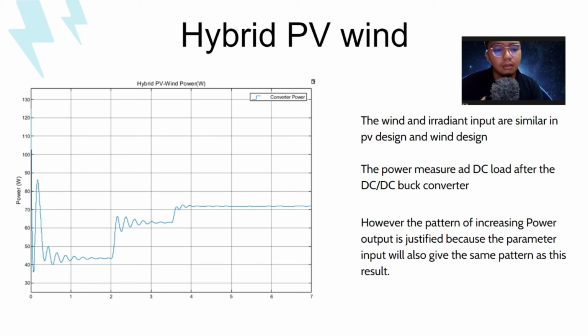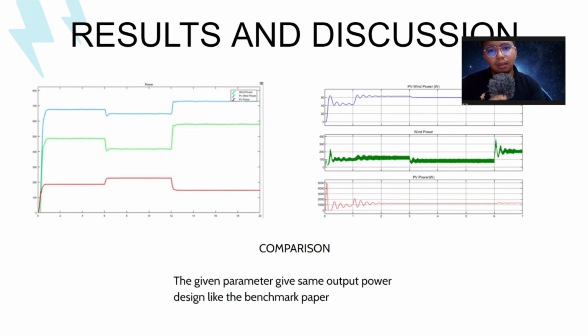However, the pattern of the power output is verified with the input of the wind and PV, where if we input increasing varying inputs, the graph will look like this and give the same pattern. And as we can see here, the one on the left is the benchmark paper, and the one on the right is the simulation that I made in Matlab.